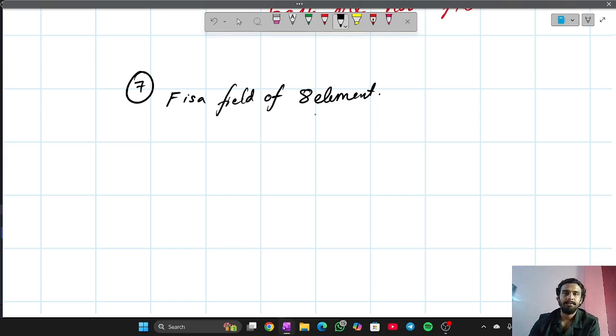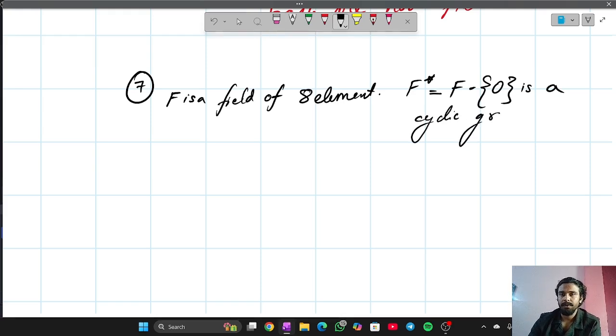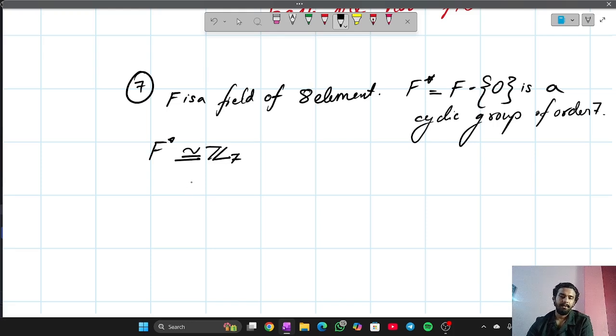So F is a field of 8 elements, and if I take F star, this is equal to F minus 0, and this is a cyclic group of order 7. Now, F star is isomorphic to Z7.